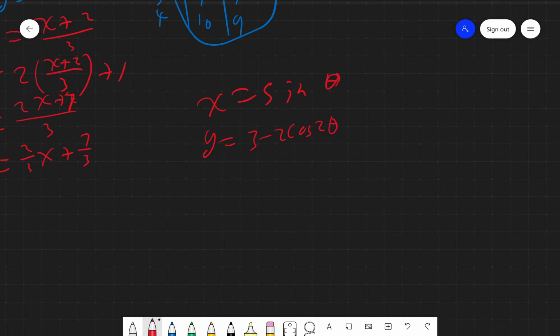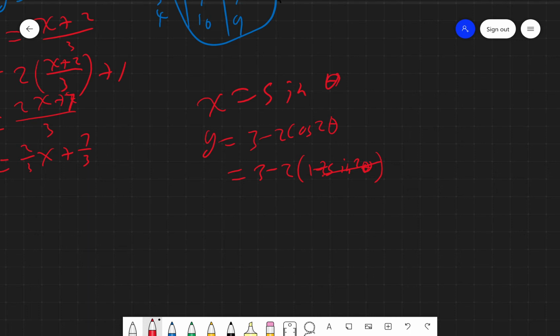Okay, so let's use our trig identities, right? This is equal to 3 minus 2 times 1 minus 2 times sine squared of theta. Now we put 2 sine squared of theta in terms of x, right?